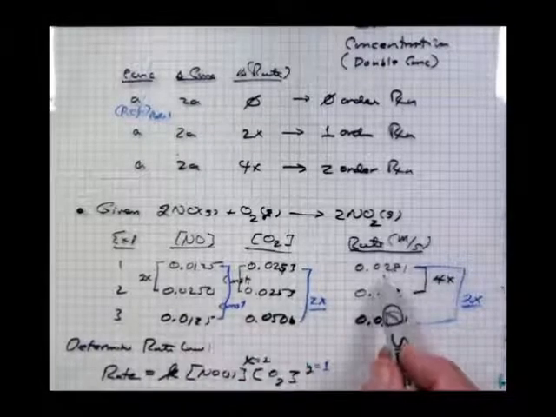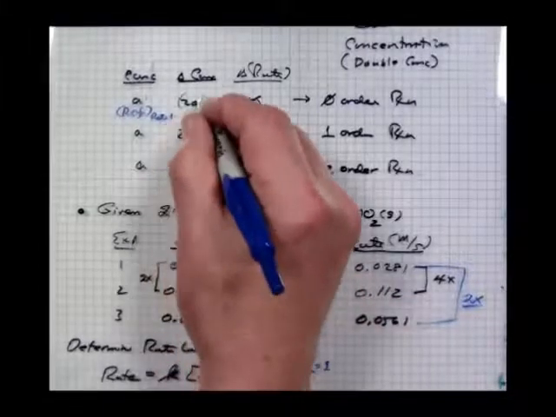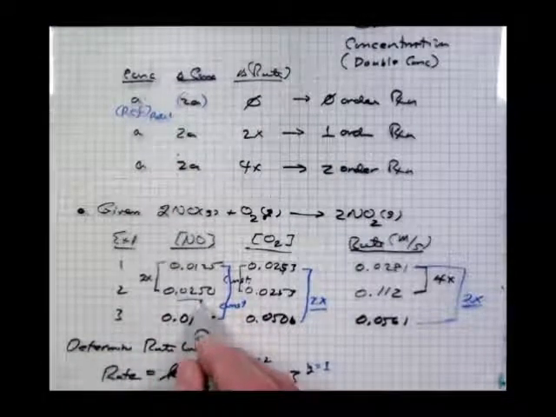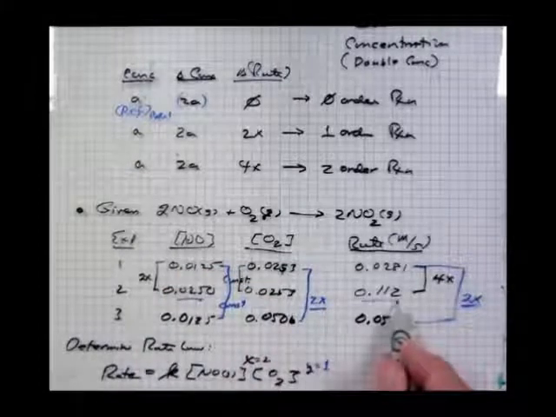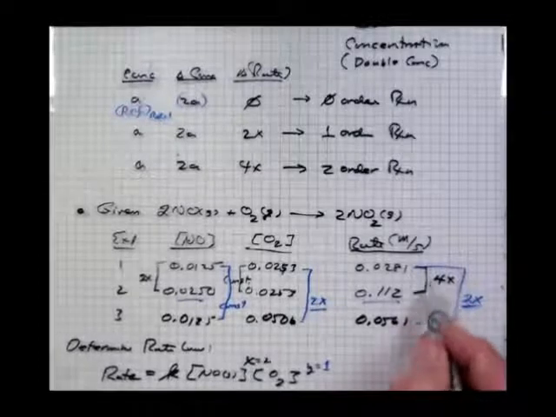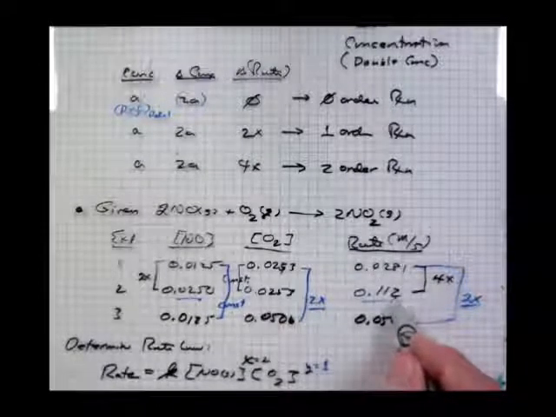Okay? It's 0.0281. That's rate 1. Now, I double the concentration on that component. Okay? It gives me a new rate. Rate 2. How did that rate change? Went from 0.0281 to 0.112.